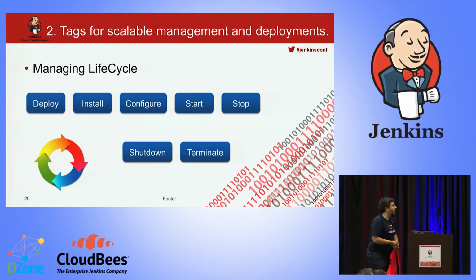And all of this is going to be manageable by tags. I'm going to apply some tags to each slave, so you can manage a group of them in the same way you would manage one single slave. So as you can imagine, if we are thinking in a microservice world where we can deal with thousands of instances, thousands of workloads, this kind of managing makes a lot of sense.